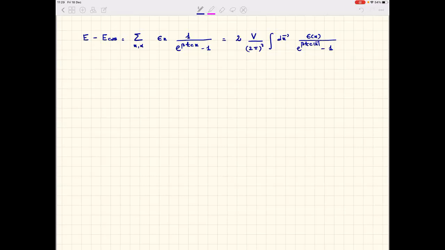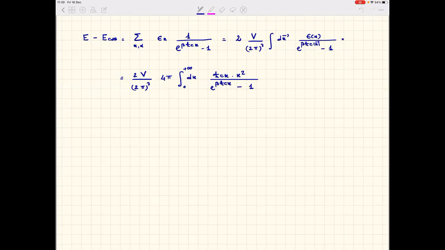Now I can pass to spherical coordinates because my dispersion depends only on the absolute value of k. So we'll have 2V over (2 pi) cubed, and then 4 pi, the solid angle, times the integral dk between 0 and plus infinity, of h bar c k times k squared divided by e to the beta h bar c k minus 1.